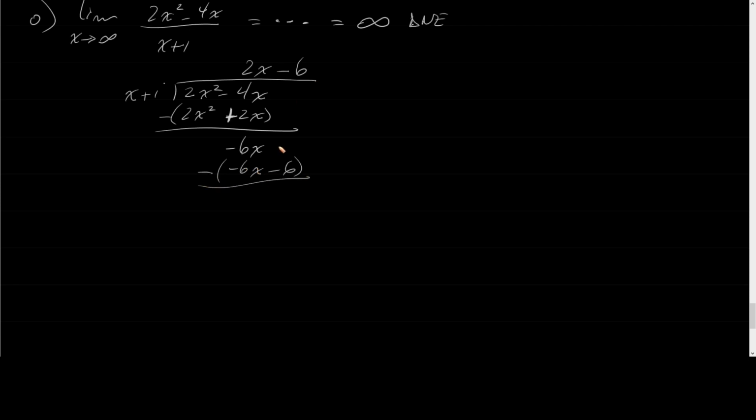Subtract. Well, here there's an invisible plus 0, right? Negative 6x minus negative 6x goes away. 0 minus negative 6 is positive 6. So what we found is that 2x squared minus 4x over x plus 1 is equal to 2x minus 6 plus 6 over x plus 1.